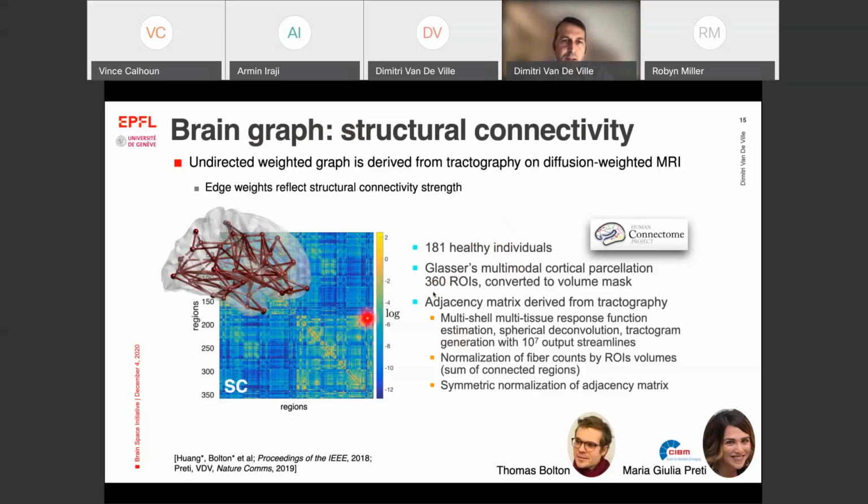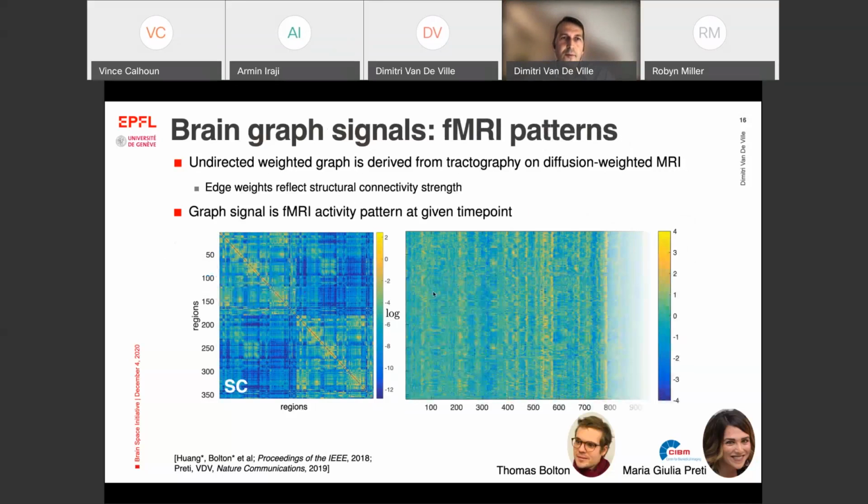So we have a very stable and high quality group level structural connectome defined over 360 regions of interest, because we were using the Glasser atlas. So that's the brain graph. We also have brain graph signals, and that will be our fMRI activity patterns. We will be considering in this talk today the fMRI that we can get from the HCP in resting state.